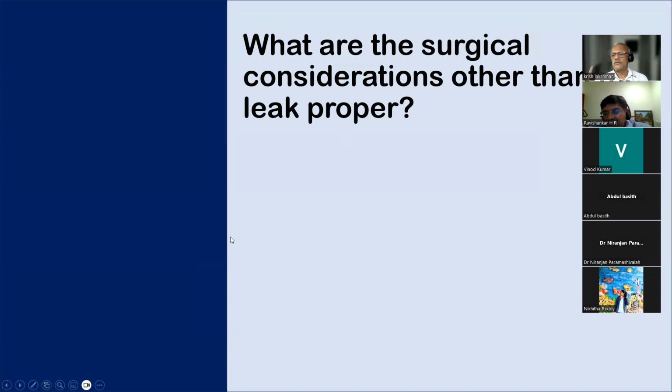As a surgeon, it's not enough if you just focus on the anastomosis and its breakdown proper, but you need to have certain other things in your consideration. Remember, this patient is ill, as Ravi has been saying. He is probably not going to heal very well. He's nutritionally down. So what are the other things that you can think of?